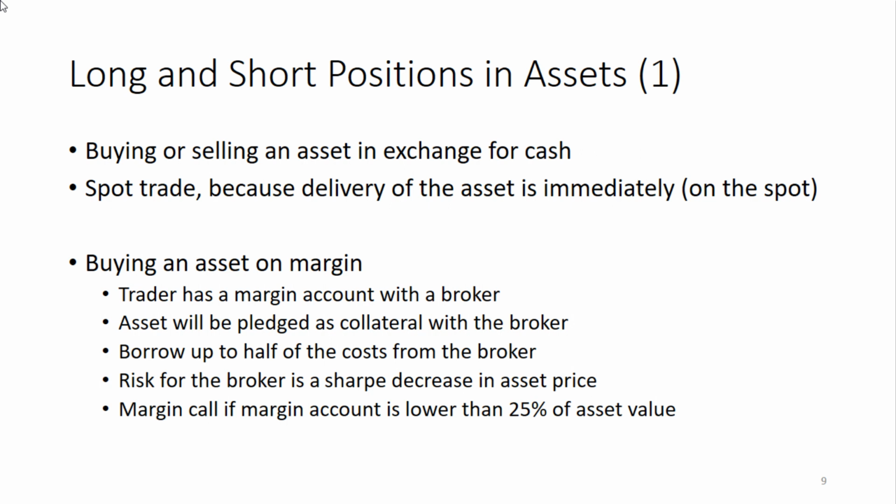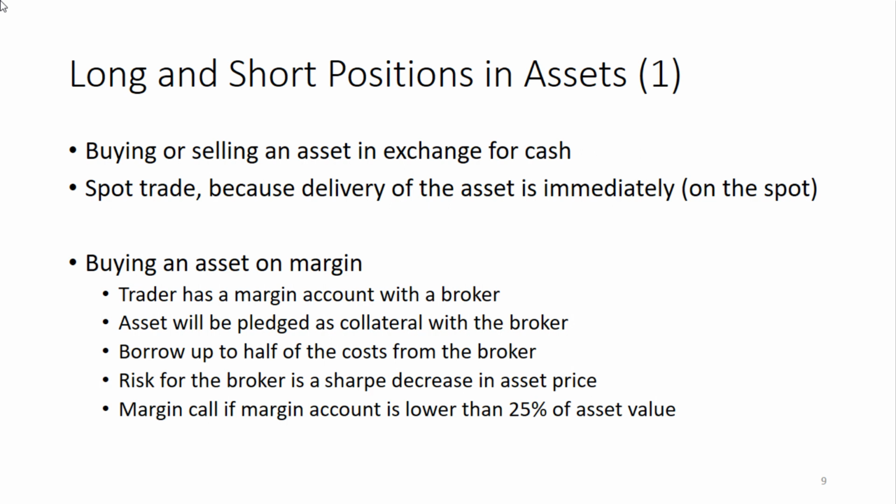If I buy an asset, so I'm an individual investor, I'm an institutional investor, and I want to buy an asset, what I will do is reach out to a broker, to a market maker, whom I will request to buy the asset for me. So then what happens is that you do not really have to pay the full cash amount for the asset, because the broker will tell you, well, I'm happy to buy the asset for you on margin.